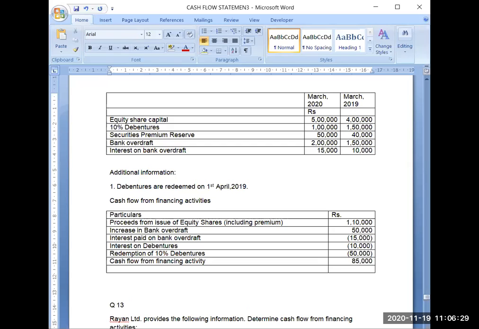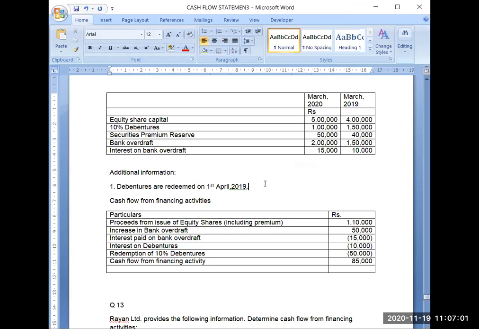Generally, if we have issued both shares and debentures, then on what will we assume the premium? In that situation, most probably the question will make it clear where you are receiving the premium, or the question will give only one issue, either shares or debentures. Now suppose this is the redemption date. So will you calculate interest on 1,50,000 or 1 lakh?